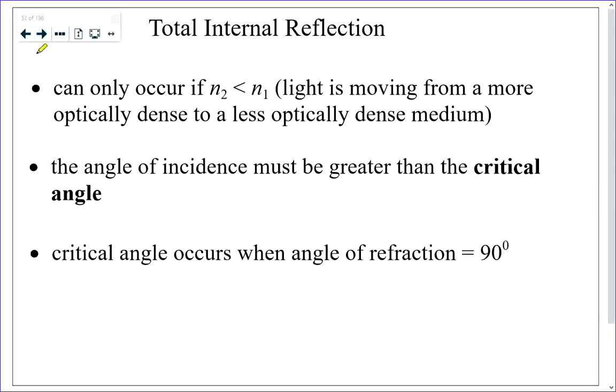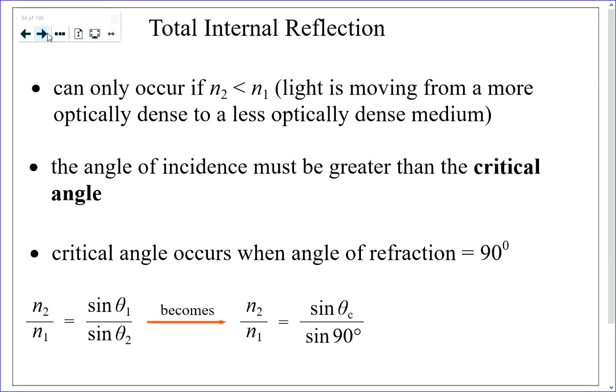How do we find a critical angle? Well, a critical angle occurs when the angle of refraction is 90 degrees. So going with that, if you look at Snell's law, n2 over n1 equals sine theta 1 over sine theta 2, we change sine theta 1 to sine of the critical angle, and we change theta 2 to 90 degrees, because the critical angle occurs when the angle of refraction is 90.